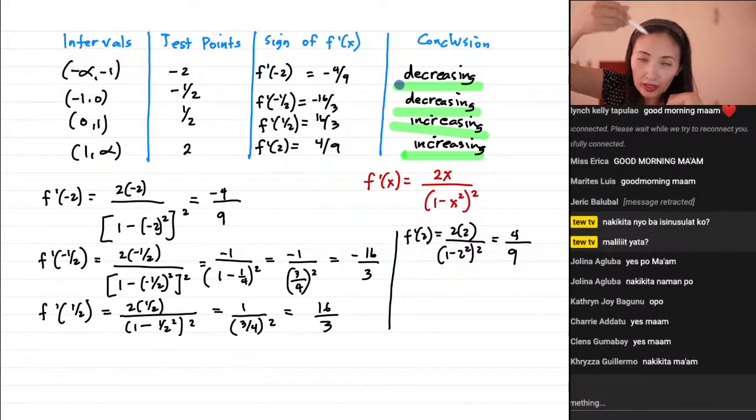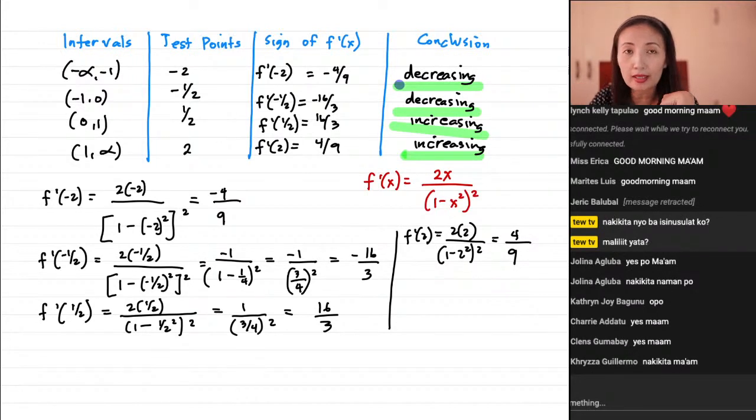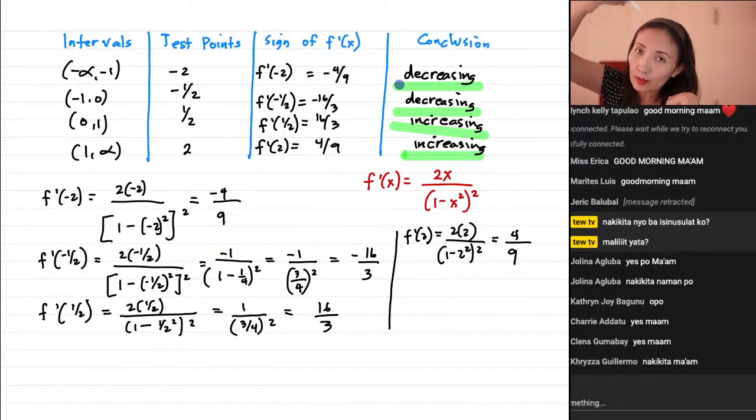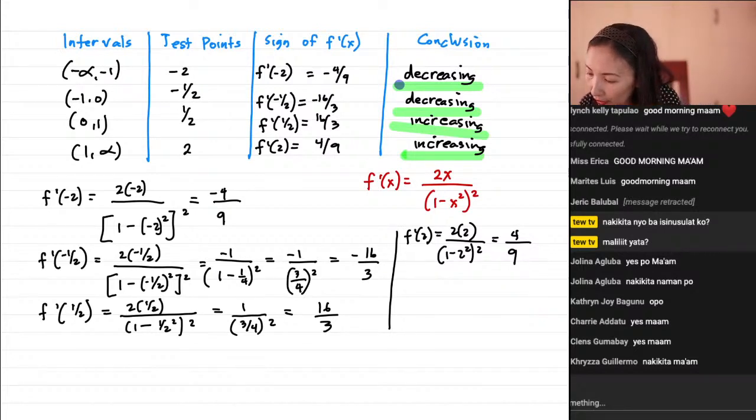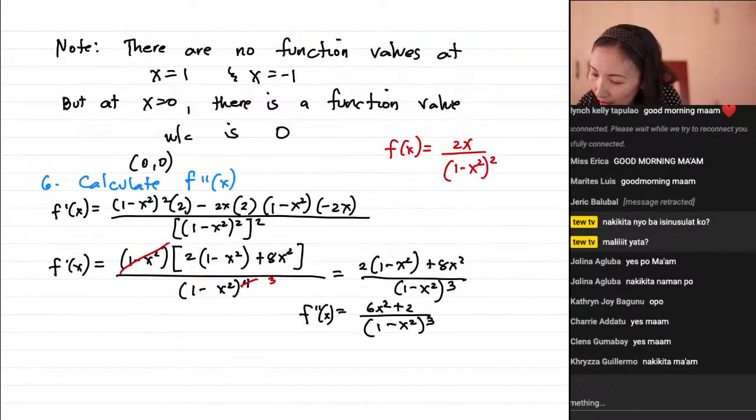From negative infinity to negative 1, it's decreasing and it will pass through 0, 0. And then from negative 1 to 0, it's still decreasing. But the moment it reaches 0, 0 to positive 1, it increases. Look at this particular part. I want you to pay attention to this.